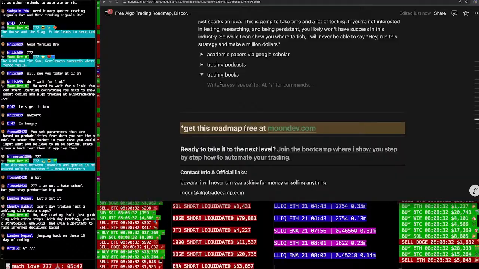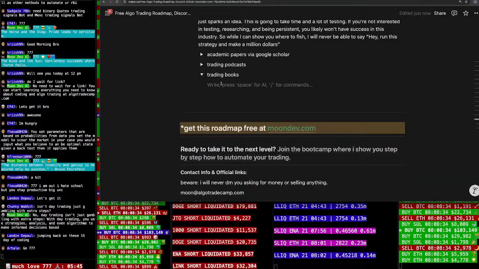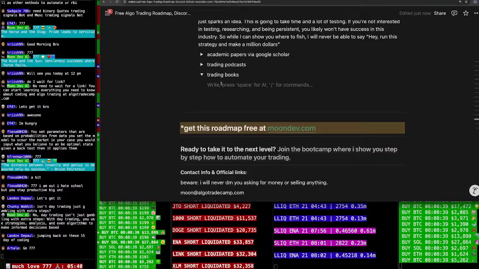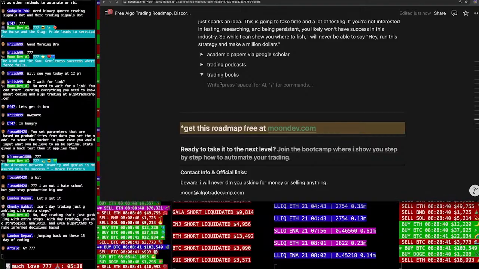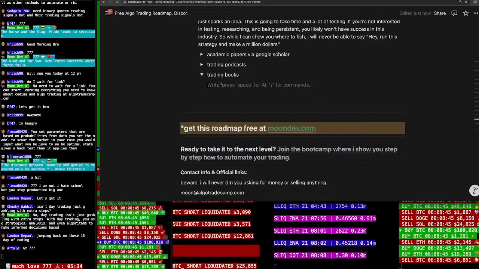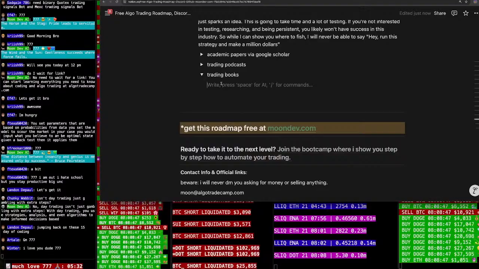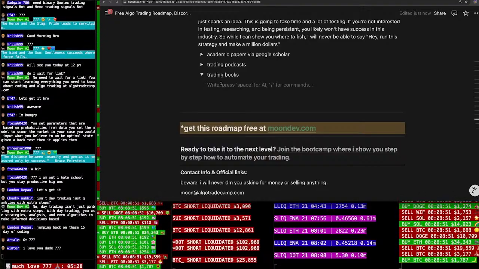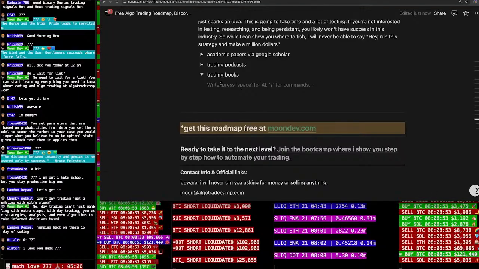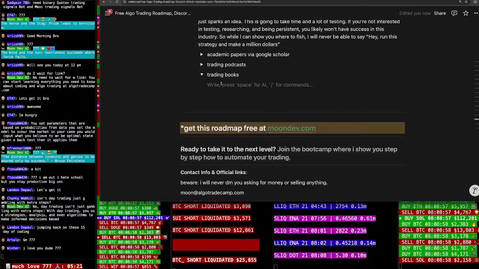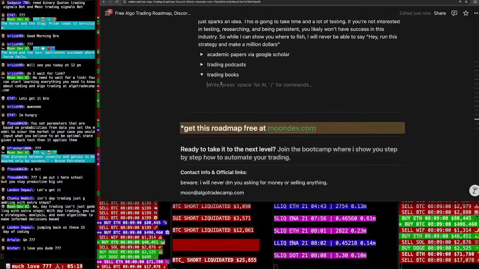So you get to see the vast array of different strategies that all of these traders are trading. Again, nobody's going to give you a profitable trading strategy off the bat, but being able to learn from 50 different traders, you'll be able to craft your own strategy that you can then go ahead and test to see if it worked in the past.